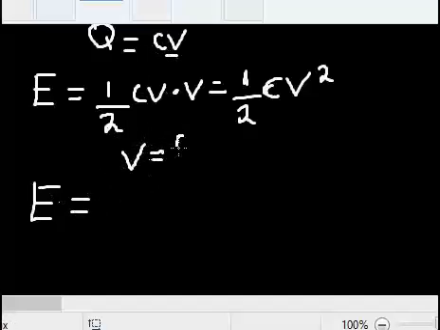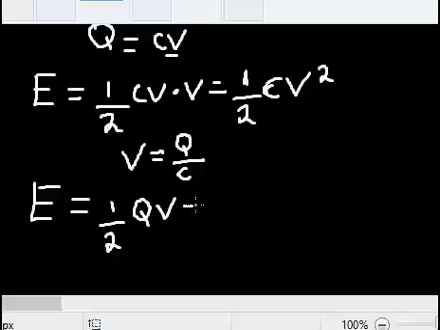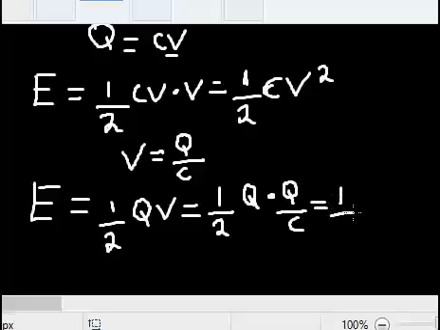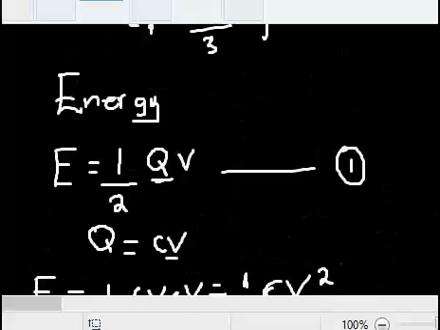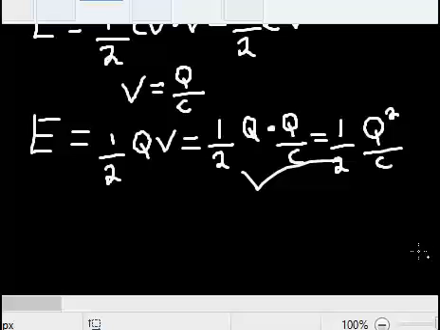Making V the subject, V is equal to Q over C. So half of QV, substituting for V, gives half of Q times Q over C. The energy now becomes half Q squared divided by C. So that is the formula you use for energy stored by a capacitor.